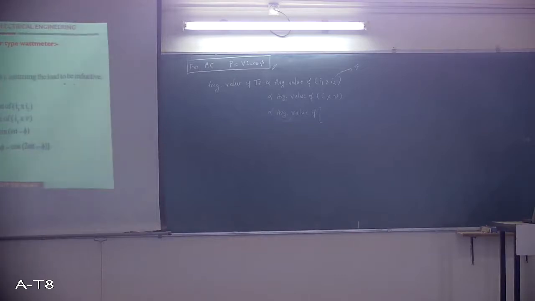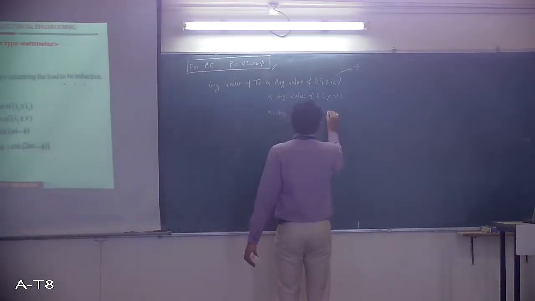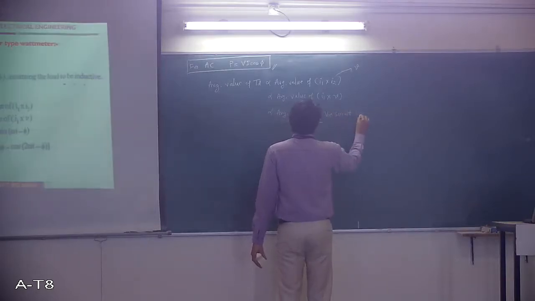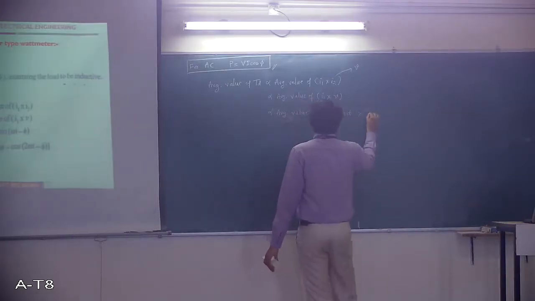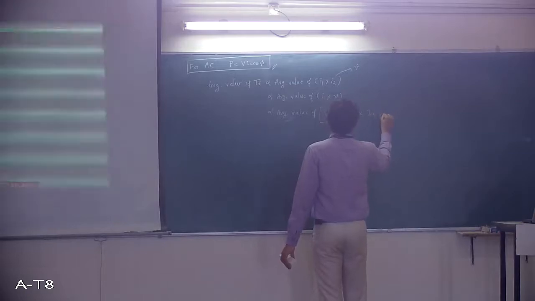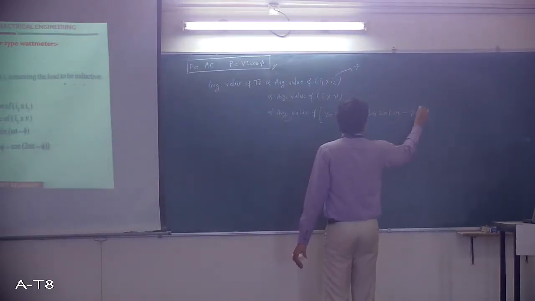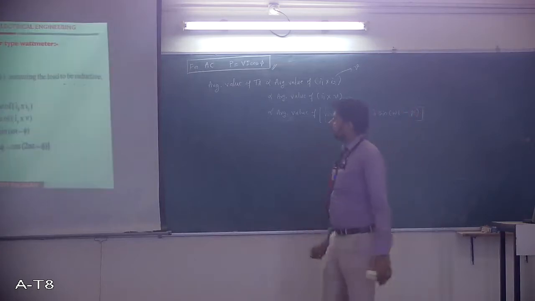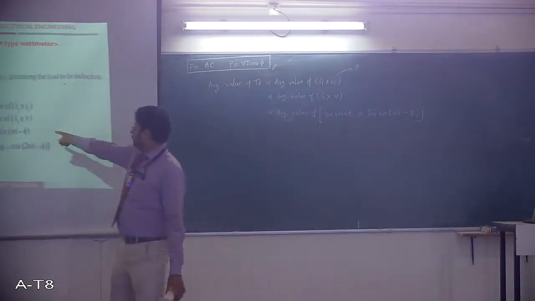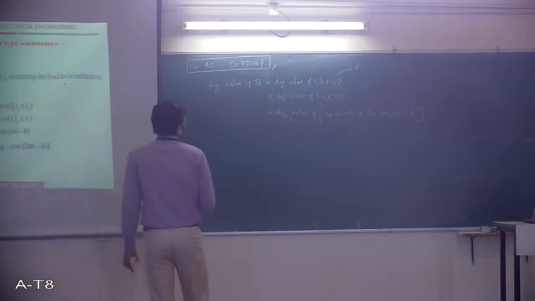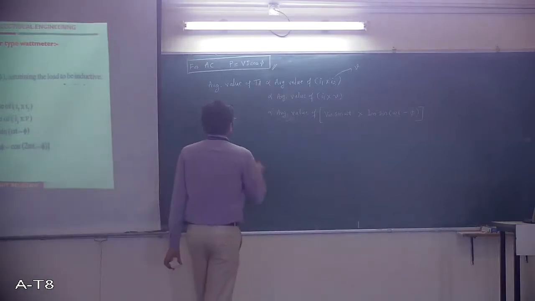V is Vm sin omega t, multiplied by I1, which is Im sin (omega t minus phi). The same thing is shown here. Now you have to simplify this.